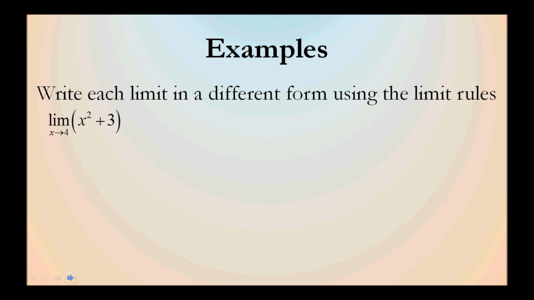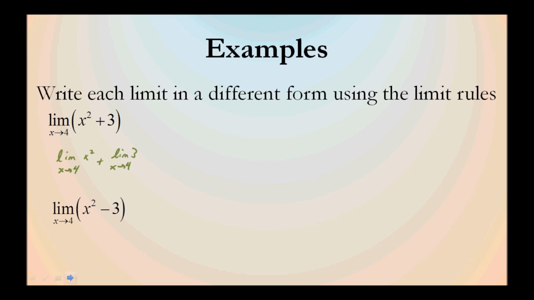Here's an example. Write each limit in a different form using the limit rules. The limit of x squared plus 3 as x approaches 4 can be rewritten as the limit of x squared as x approaches 4 plus the limit of 3 as x approaches 4.